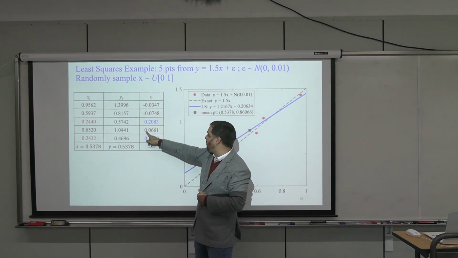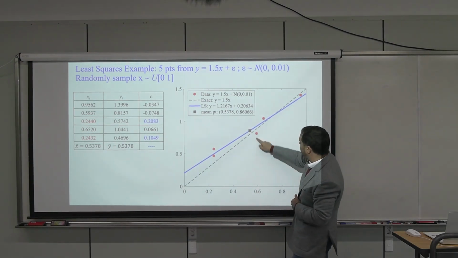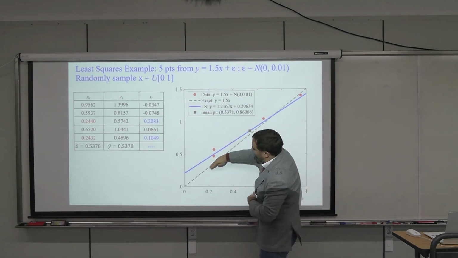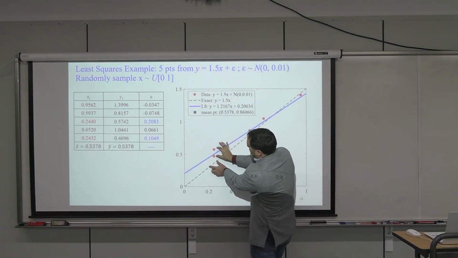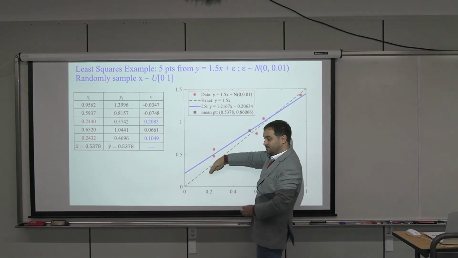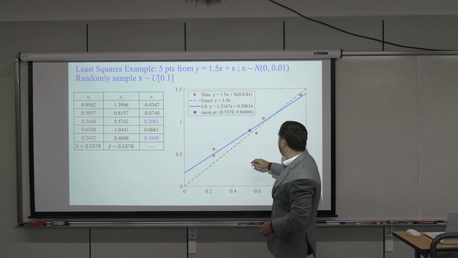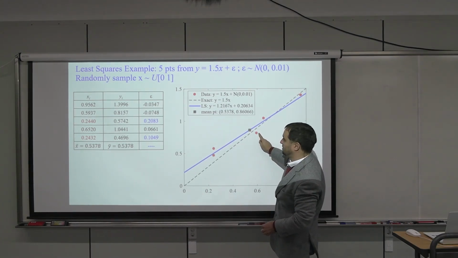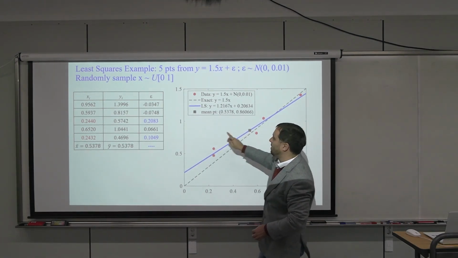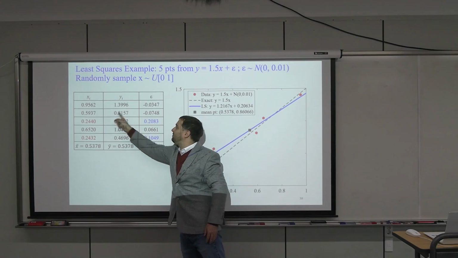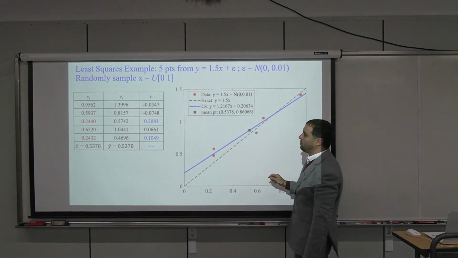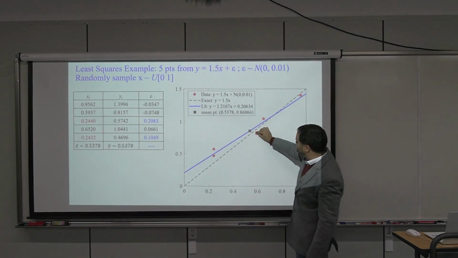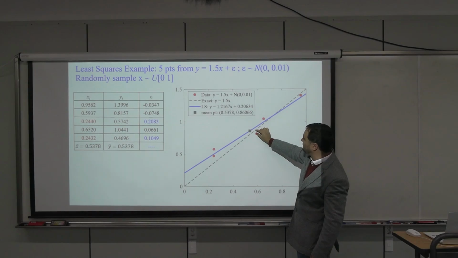Now this data point 4, the 0.6, and you see from the actual true underlying function, these 2 data points have positive noise. So they're actually above the true underlying function. Let's see. This 0.59 has a negative 0.07 noise, so it's just a little bit below the exact function.